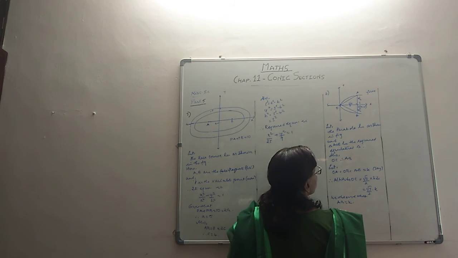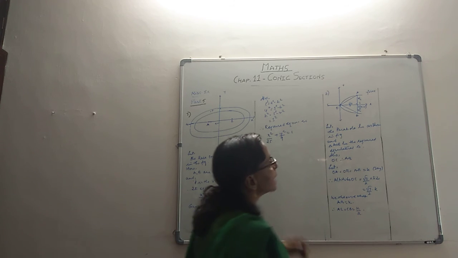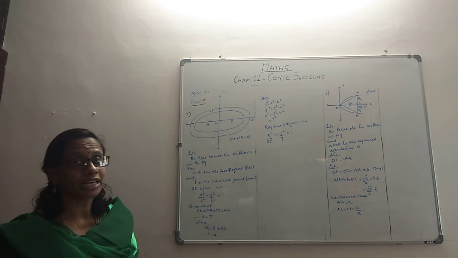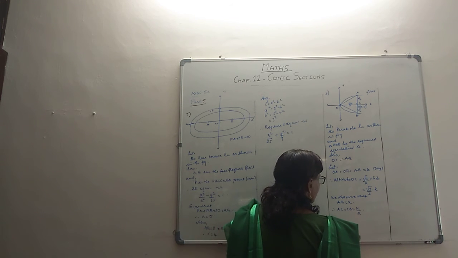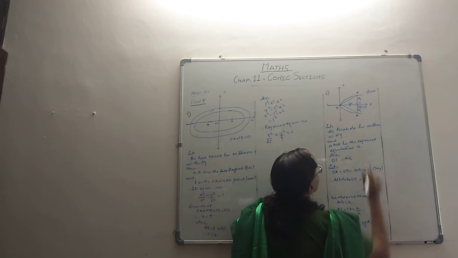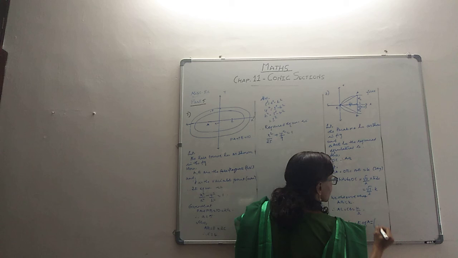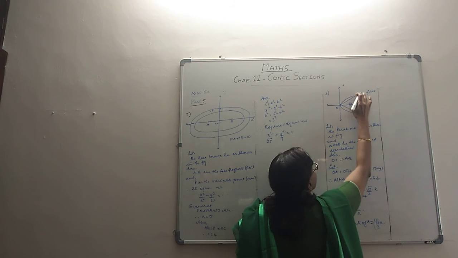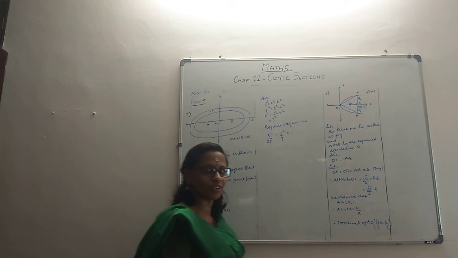So therefore AC equal to CB will be k by 2, right? That will help us to get the coordinate of A. Just check. Therefore, coordinate of A is equal to, this is the coordinate. What is its x coordinate? It is root 3 by 2 k. And what is its y coordinate? It is k by 2. That's it. So you've got the coordinate.